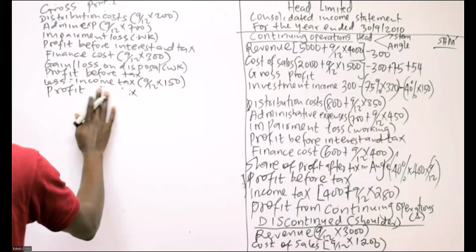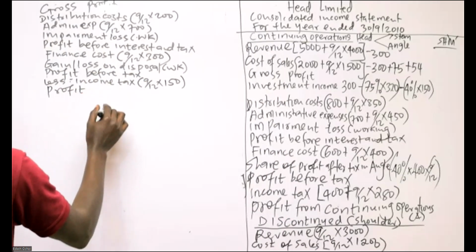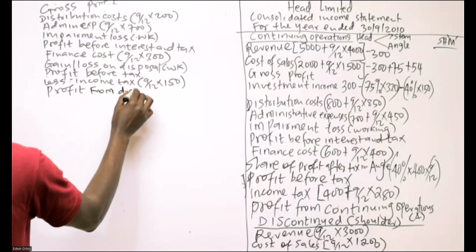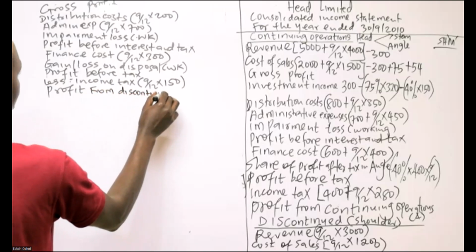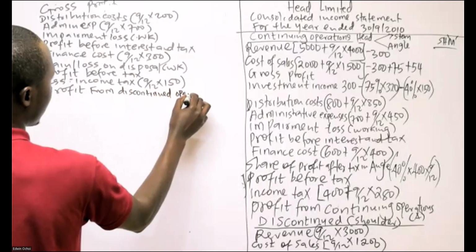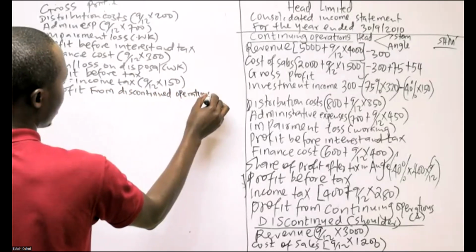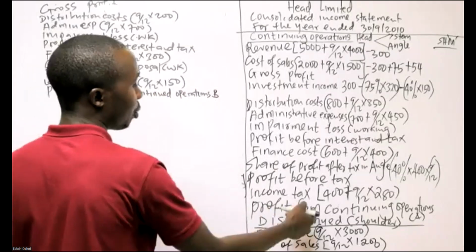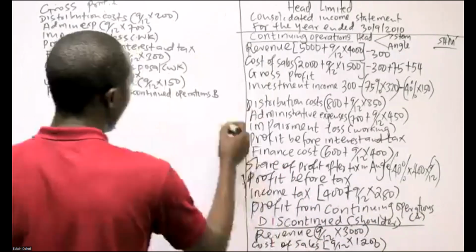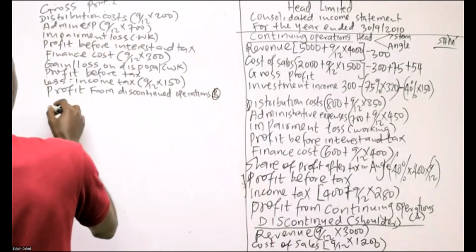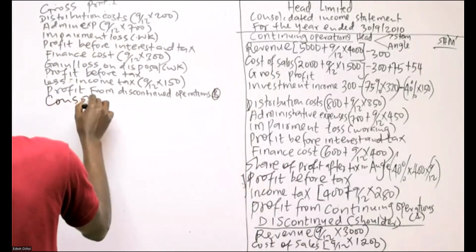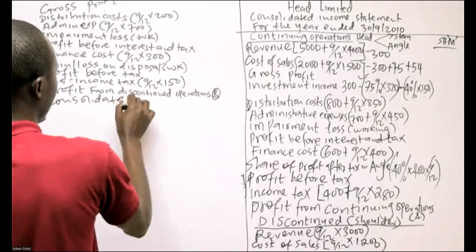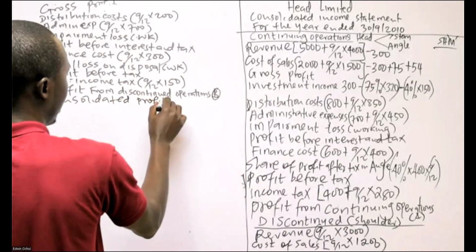So that we have the profit from discontinued operations. This is B. Remember, this one was A, profit from continuing. So here we have B. So that we say consolidated profit.